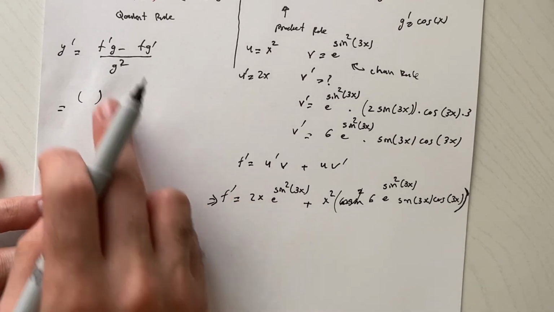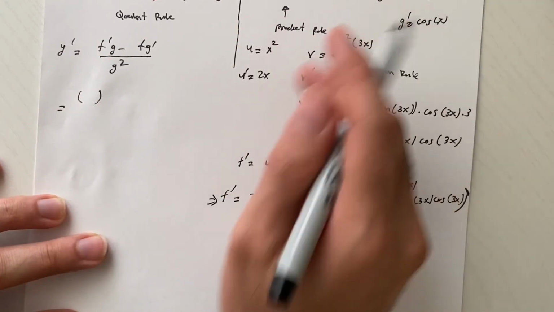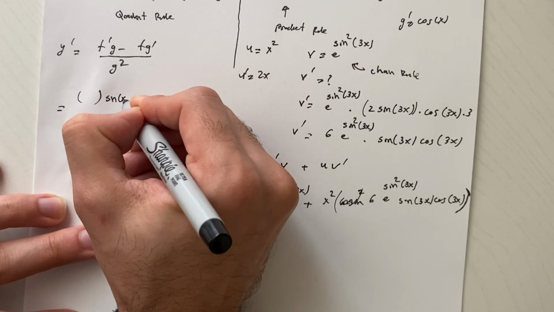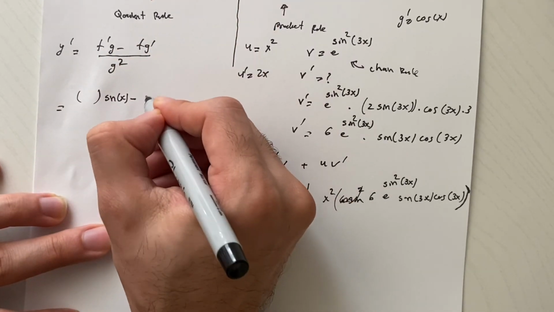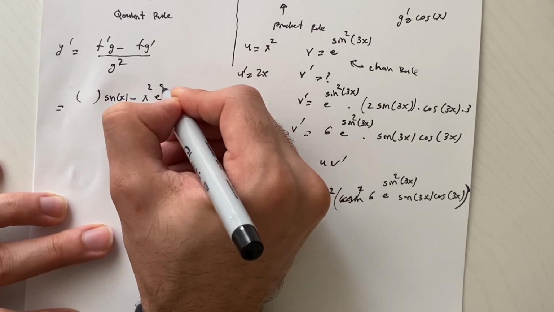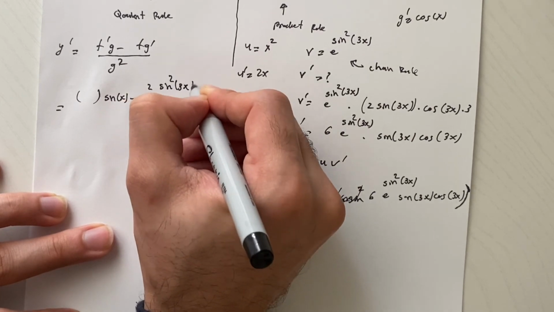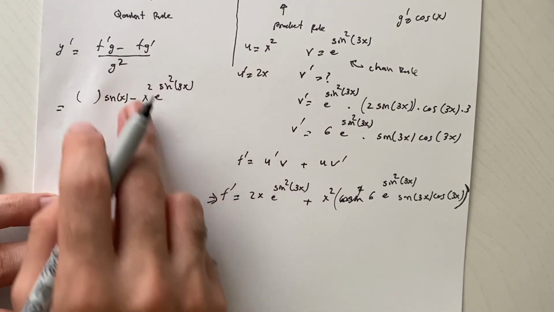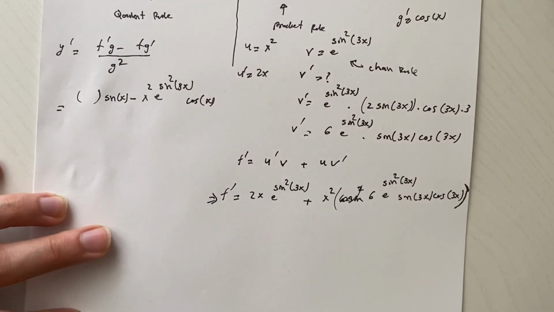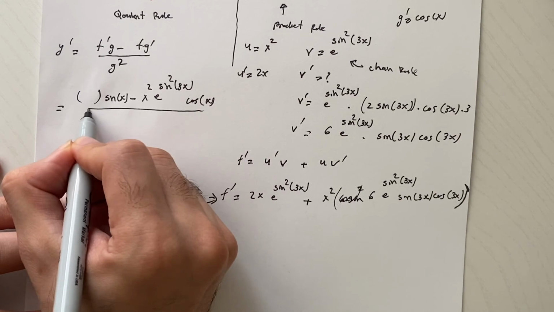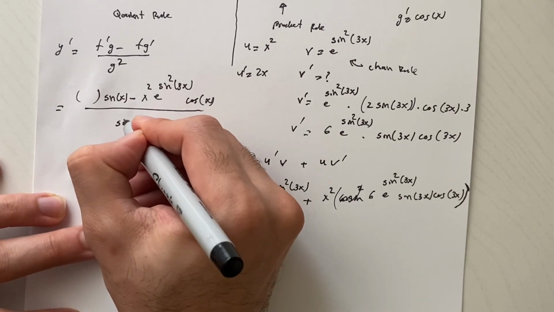It's gonna be just inside the parentheses because it's too long for me to write. So I'm gonna just take it and multiply it by g, which is sine of x. I'm gonna take then f and multiply it by g prime, which is cosine of x. And then remember, all over g squared, which is sine squared of x.